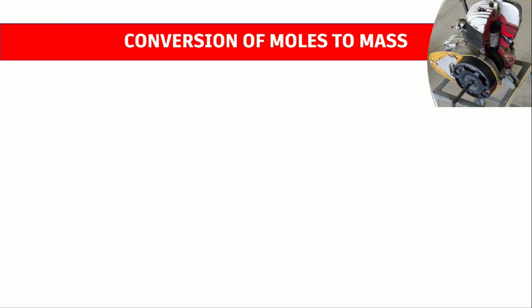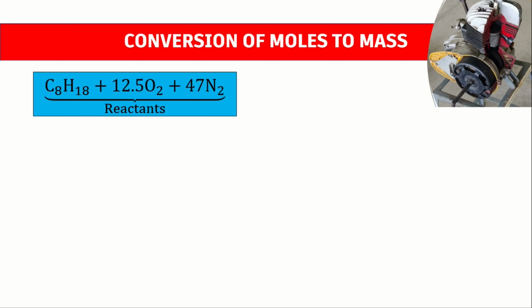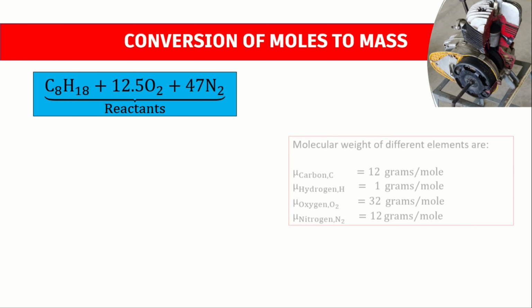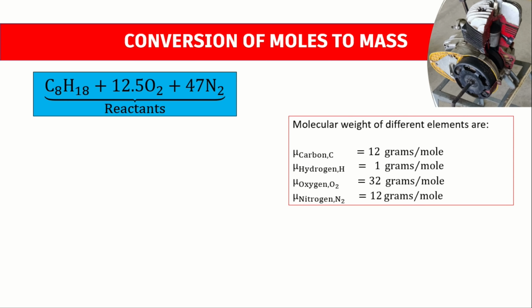Now let us convert the number of moles to mass, because I want to know the kgs of air required for 1 kg of fuel. So let us convert all the moles into mass. For the reactants, we must know the molecular weights of the different elements.